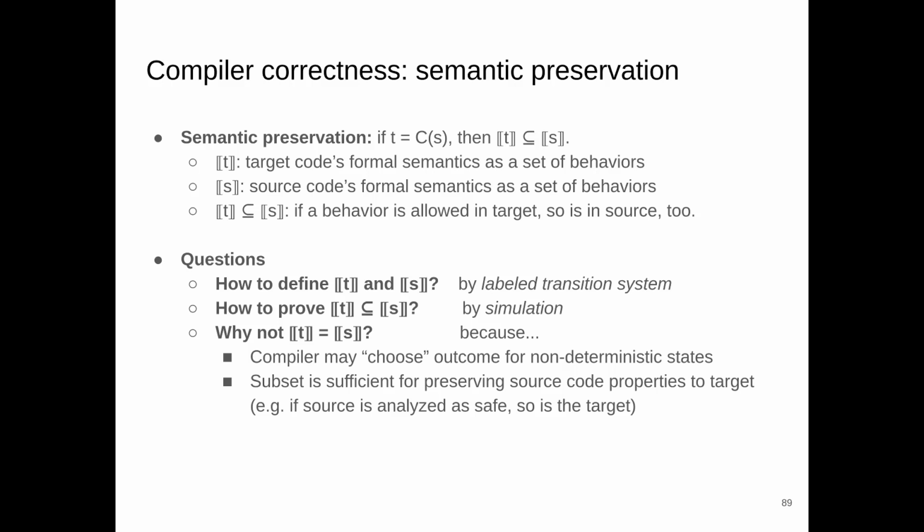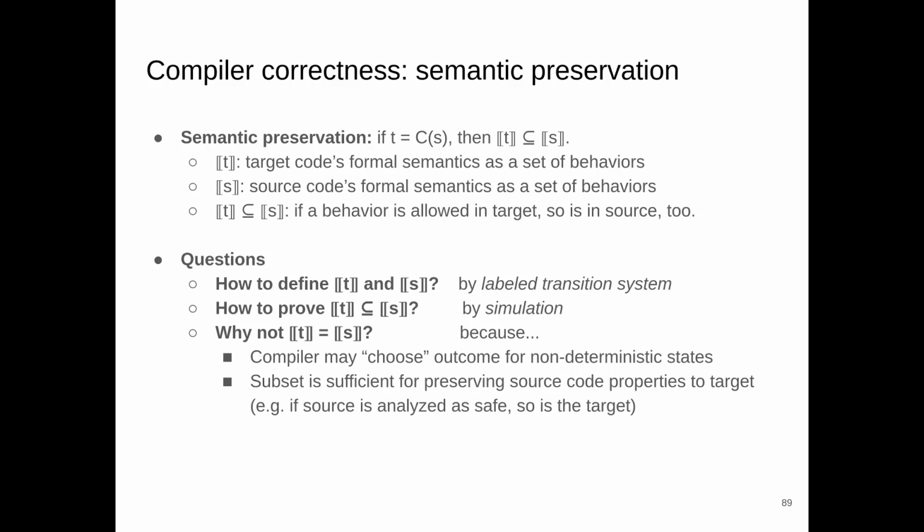The first one is that the compiler may choose the outcome for a non-deterministic program. For example, your C program randomly chooses a value and is going to print that to the screen. Then actually all the values satisfy the source program's specification. So maybe the compiler may choose 0 out of many possibilities and always print 0.